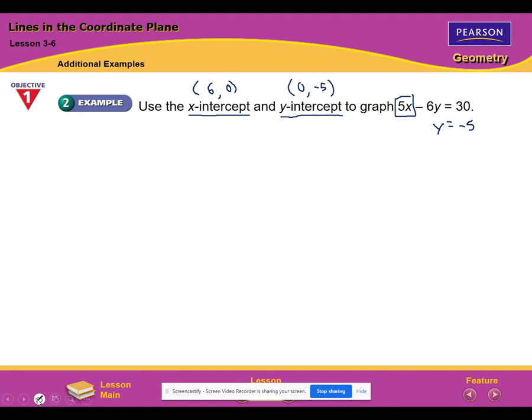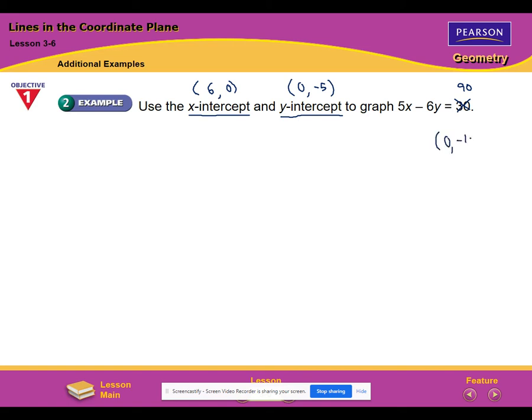Now, just to be really clear about something, because I think some students always get confused by this, and think, oh, negative 5 and 6, there's some kind of pattern going on with these two coefficients. Not so at all. What if I made this 90? Then you plug in 0 for x, you'd have to divide both sides by negative 6. 90 divided by negative 6 is negative 15.